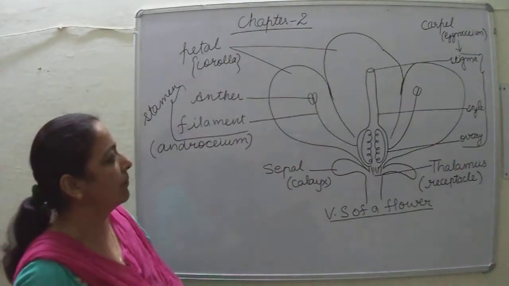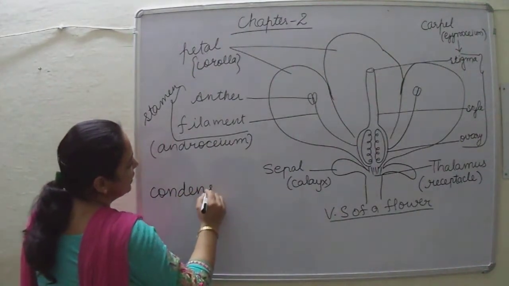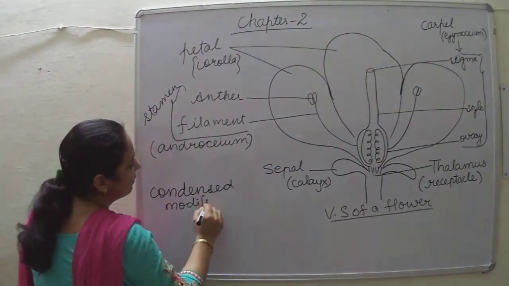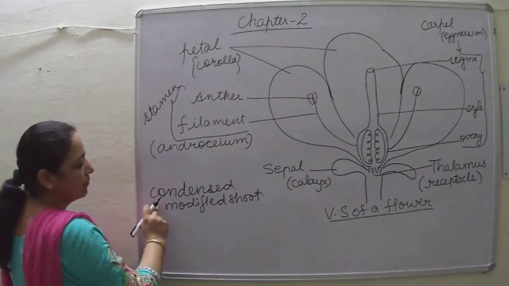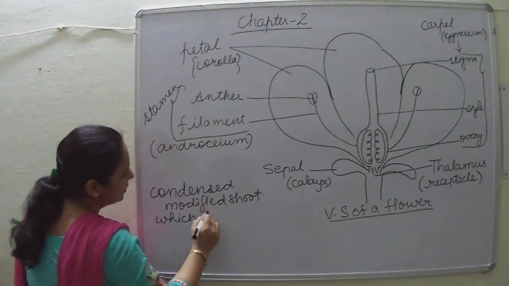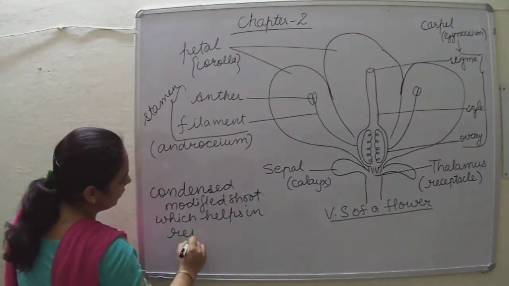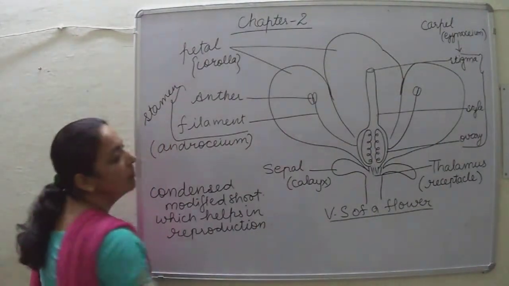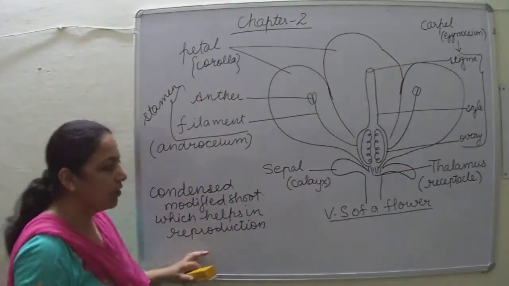A flower is a condensed modified shoot which helps in reproduction. Or you can say the flower is the site of reproduction.